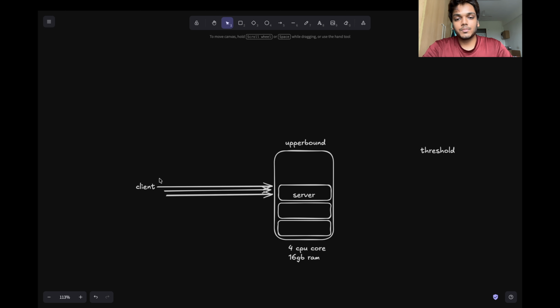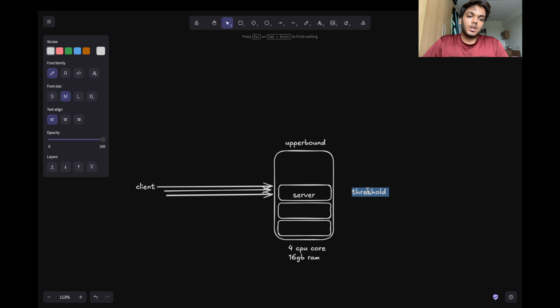Suppose your server has a threshold of, let's say, 3000 concurrent requests per second. So the client sends 3000 concurrent requests per second, and the server can easily handle all those requests.